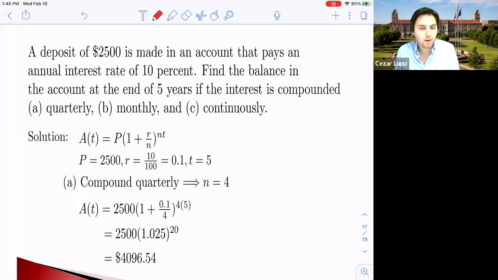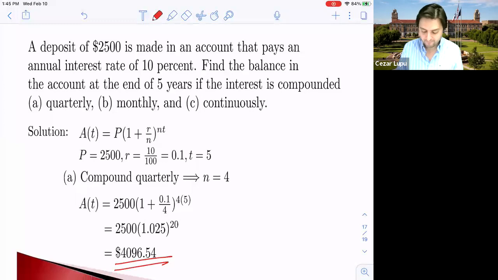So it will be 0.1, and t will be 5, right? Because it's the end of 5 years, and we know that the interest rate, which is r, is 10%. So it's 10 over 100, which is 0.1. And now let's compute this quarterly. So it will be 1/4. So n will be 4. And we just plug it in, and this is how much money we will obtain.